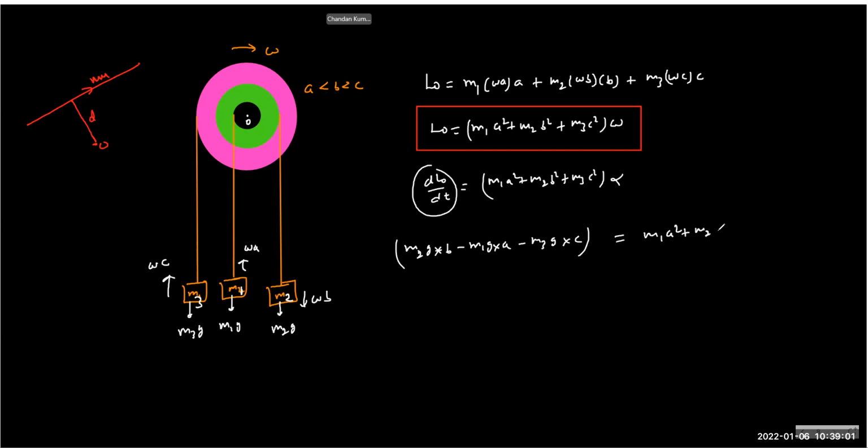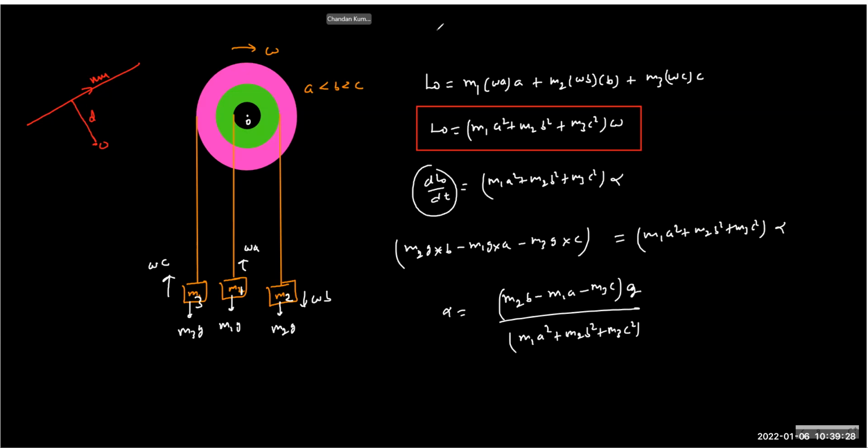So this is the net torque equals I into alpha, and we're done. So we got alpha equals (M2 B minus M1 A minus M3 C) into g, divided by I. Once you practice these questions enough, you can almost do this in your brain.